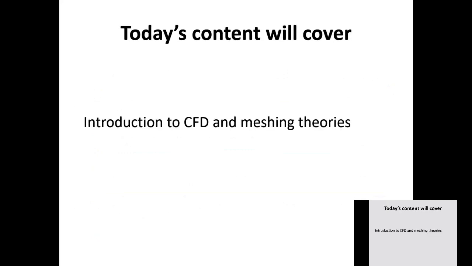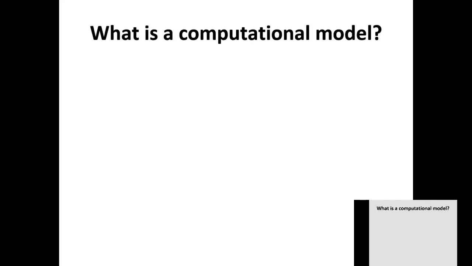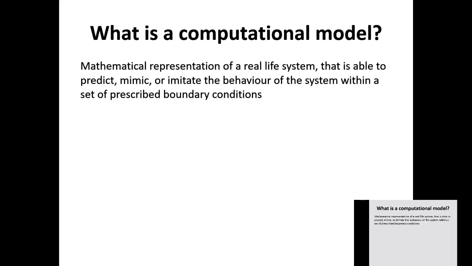So today we will look at meshing and the theories behind meshing. The first thing is, what is a computational model? I know when you look at CFD, what you always see are graphics.